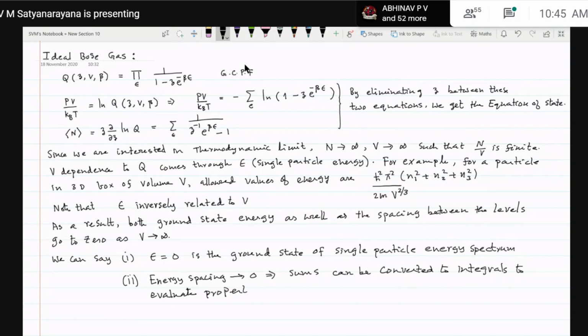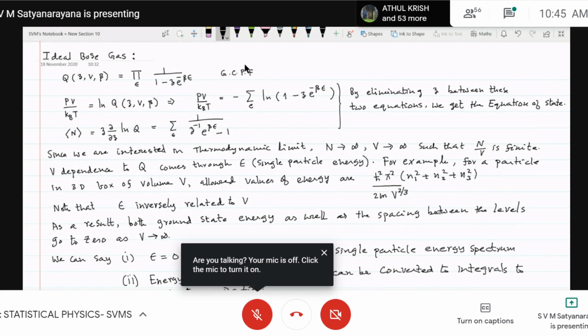Now this is important because integrals are easier to handle mathematically. So if you can convert these sums into integrals, then you can evaluate properties with ease.